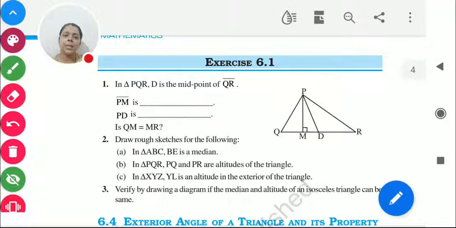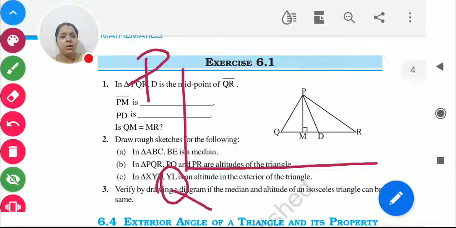Next one. In triangle PQR, PQ and PR are altitudes of the triangle. What does it mean? When we talk about the altitude, we are basically talking about the right angle.